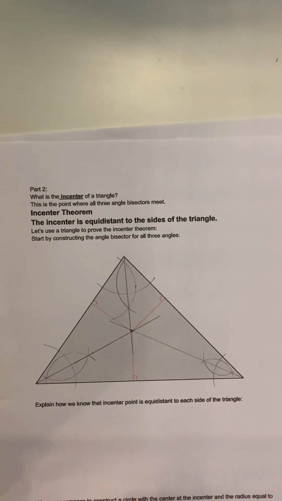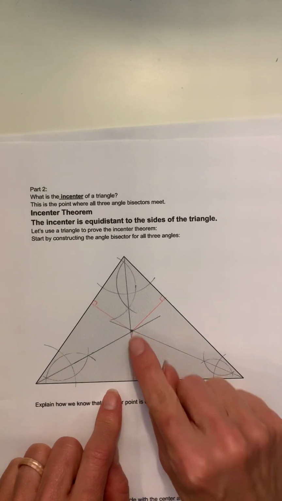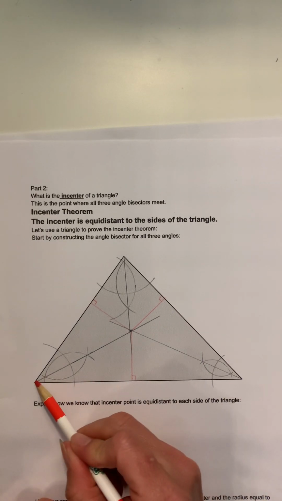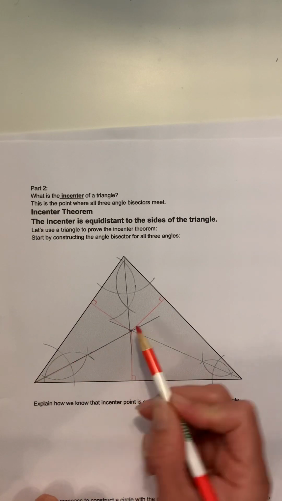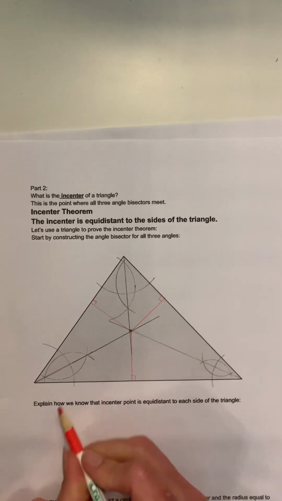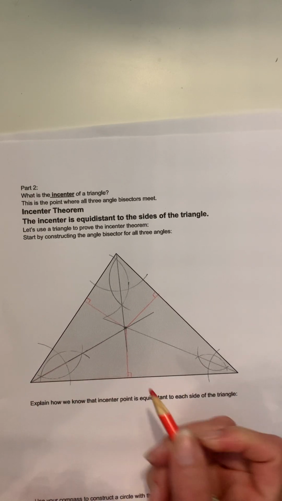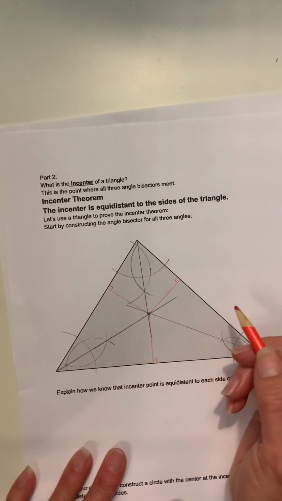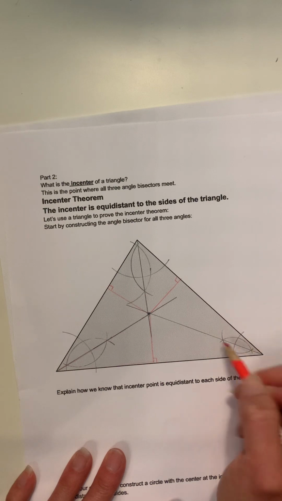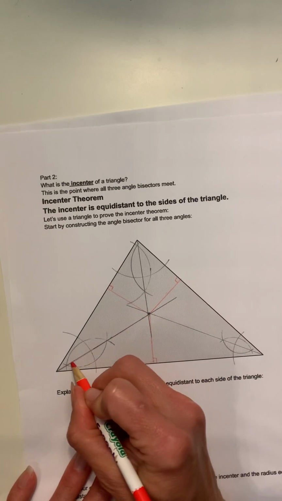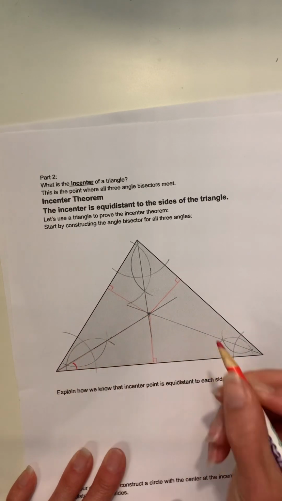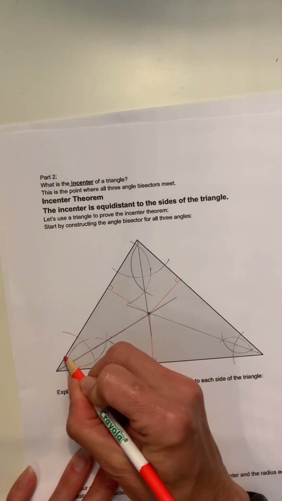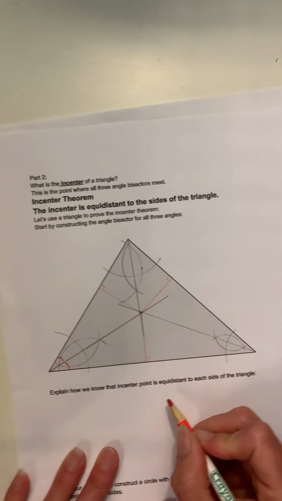Okay, here we go. Let's look at each of these smaller triangles here. All right. These are all angle bisectors, so that means this angle is equal to this angle.